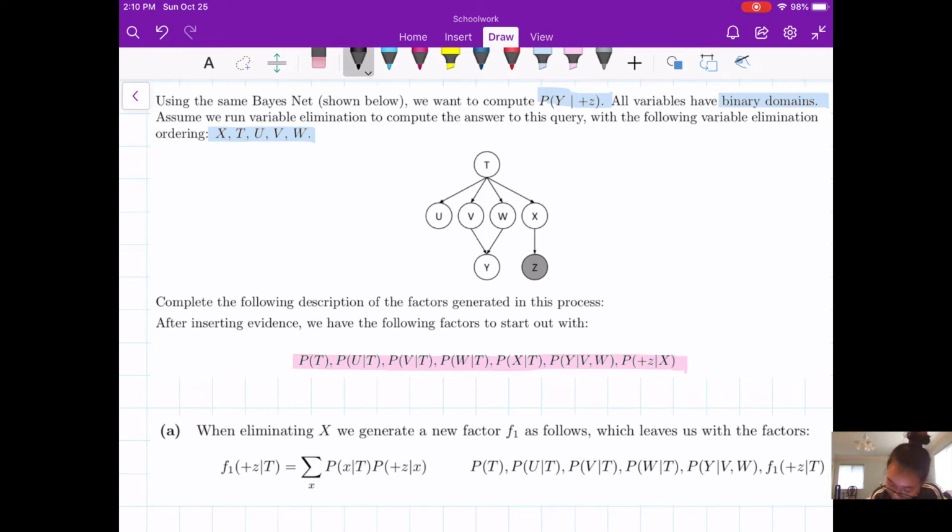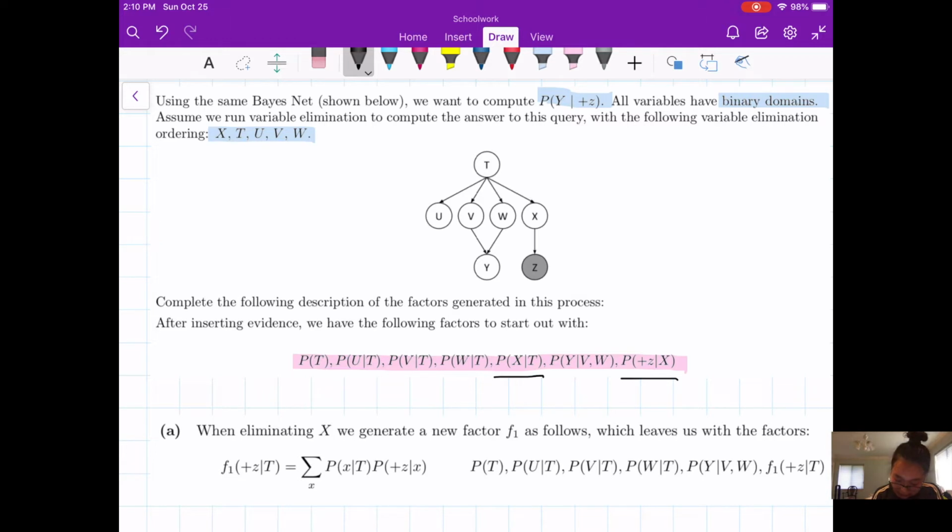And it's essentially just the probability of x given t and the probability of positive z given x. So what we can do is multiply them together in the join, like I talked about earlier, and then sum over them to actually eliminate the x variable.